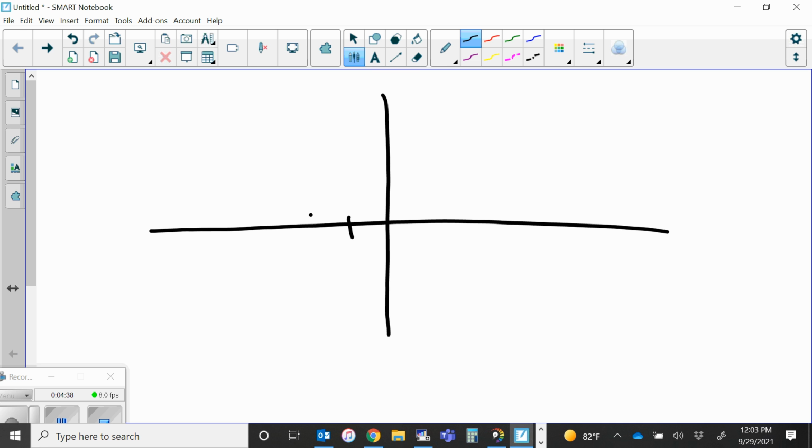So what happens when I have a point on here? We'll call it this point right here. What is that point? First off, let's review that. It is (-2, 3). What would be the ordered pair if I reflected it over the y-axis?